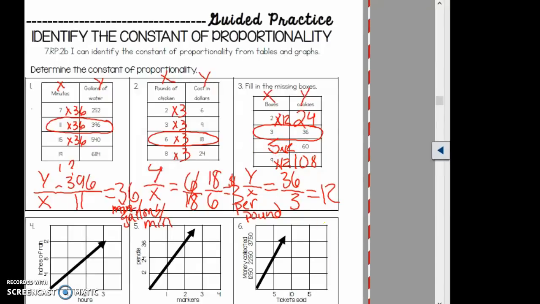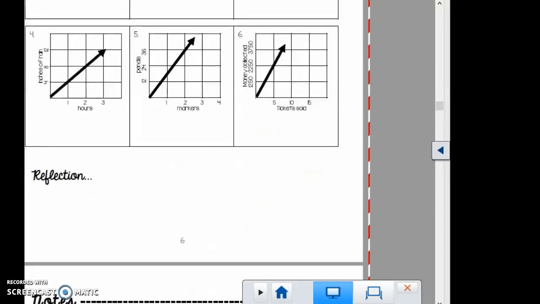Very nice work. Okay, Alex is going to pause the video so we can scroll down. Okay, we're on number 4. This one is a graph this time. Alex, is there anything where 1 is the x? Right here. Yep, but where does the point meet? 4. Yes.